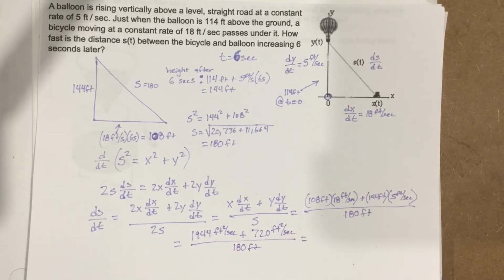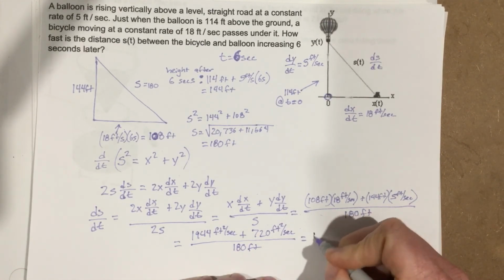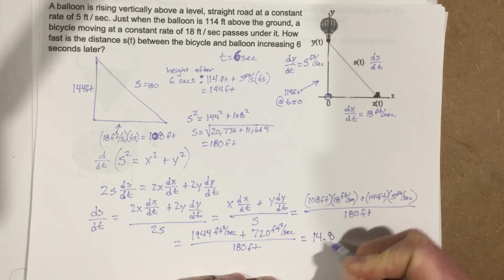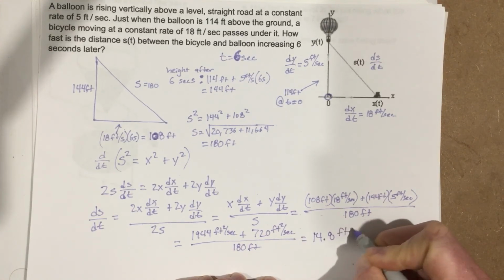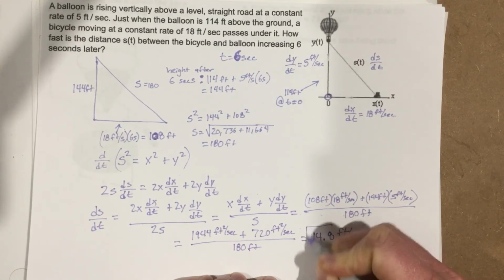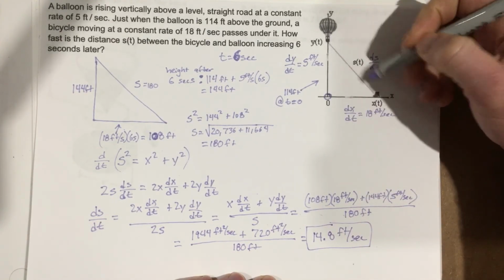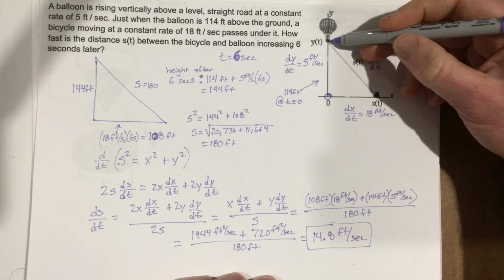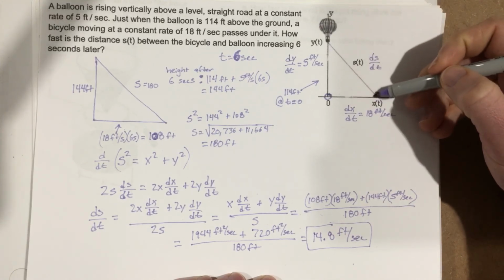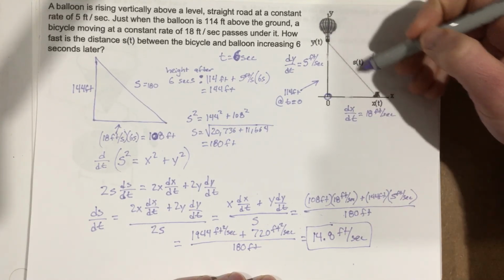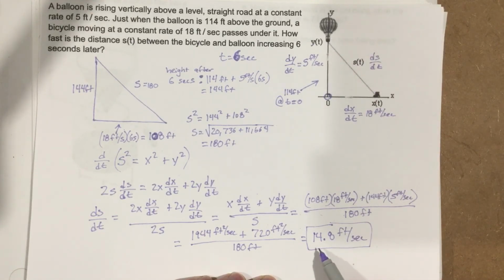Add all those up, so plus 1944, and divide it by 180, you get 14.8, and when you divide the feet out, you end up with feet per second. So that is the change in s that's occurring. So this distance between the balloon and this bicycle, the straight line distance, is increasing by 14.8 feet per second. That's pretty quick.